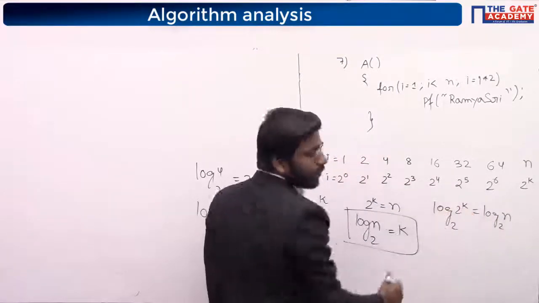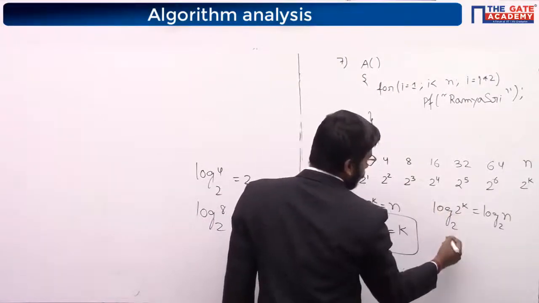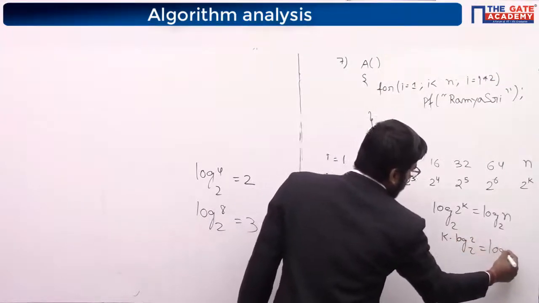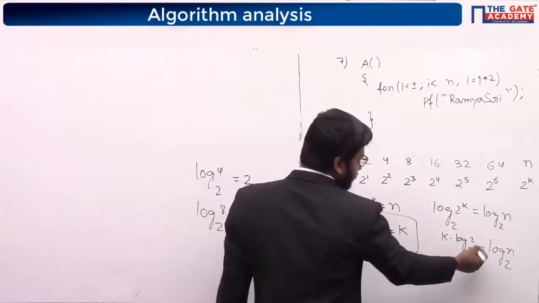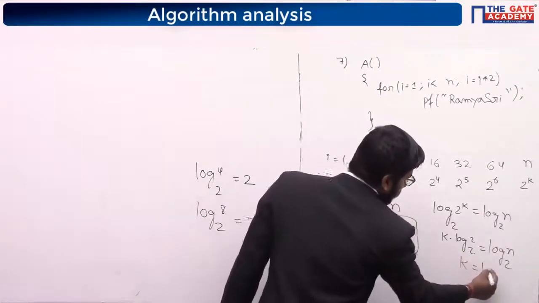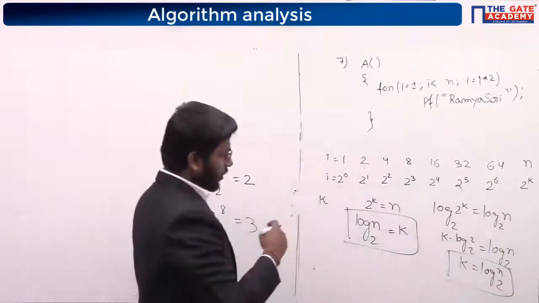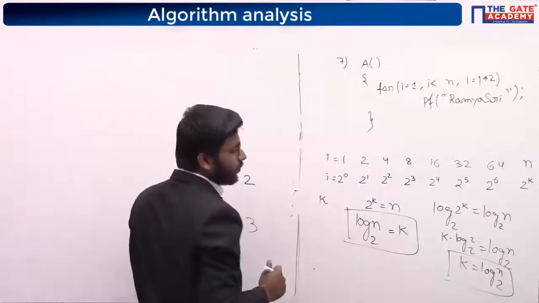So k log 2 equals log n, and log 2 is 1 only. So k equals log n base 2. In these two ways you can find the value of k. So it is going to run log n base 2 times.